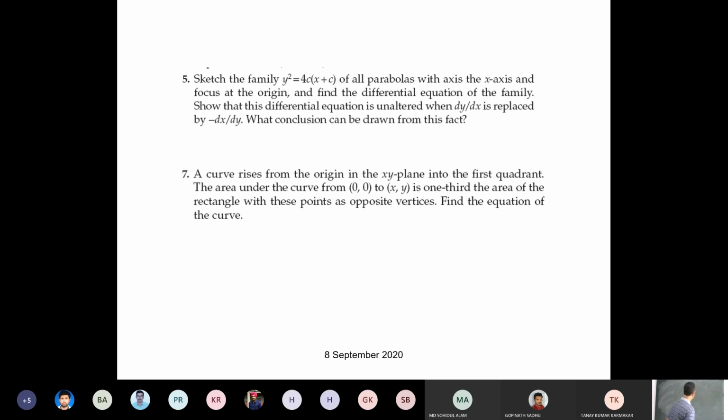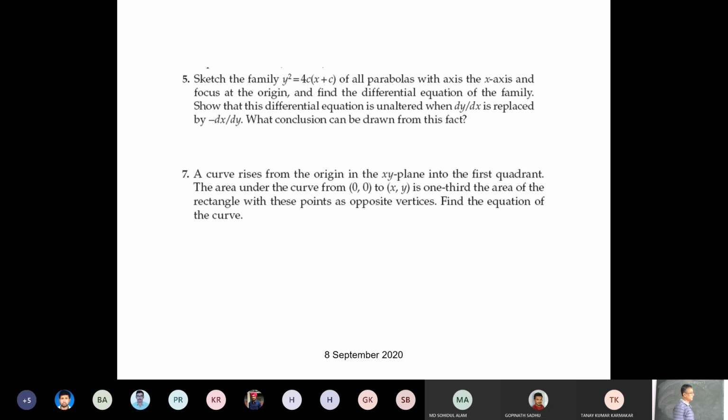Okay, so now let me try to do this. So this is y square equal to 4c x plus c, right? And this is all parabolas which have the x-axis as their axis and focus at the origin. And what you have to do is find out the differential equation of them. So they are self-orthogonal.